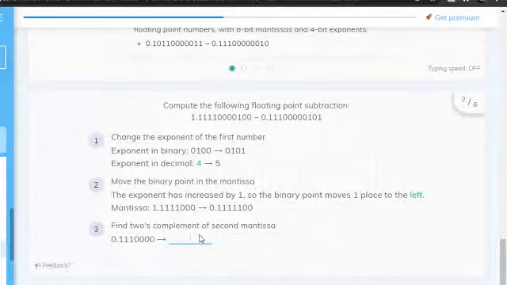Sure. First, two's complement. So that is change all the values around and add 1.